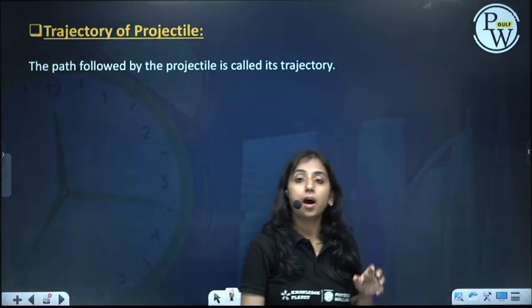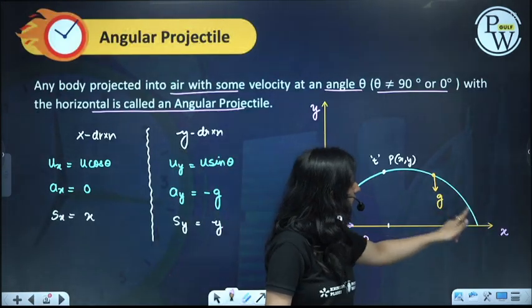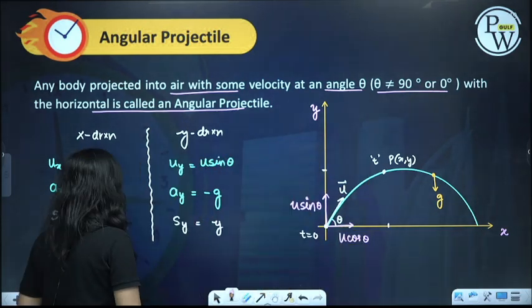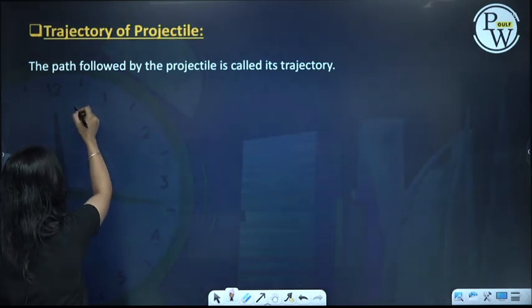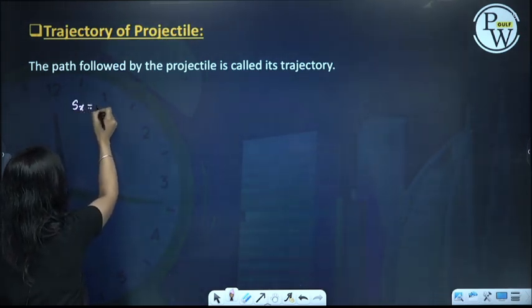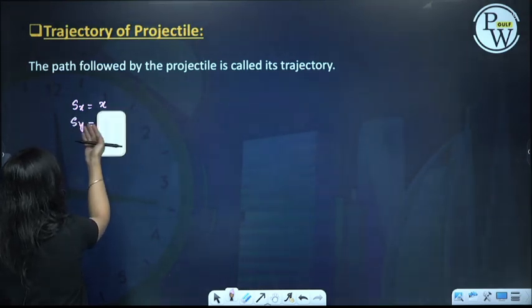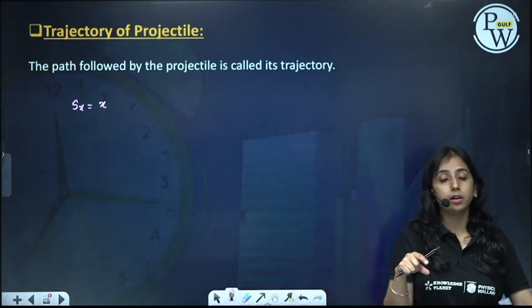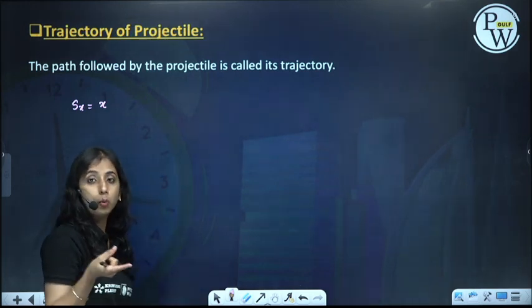The path which the projectile is following is called the trajectory of the projectile. Now we know that at any time t, Sx is equal to x and Sy is equal to y. In x direction, motion is independent of the motion in y.